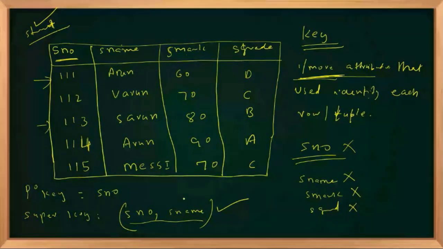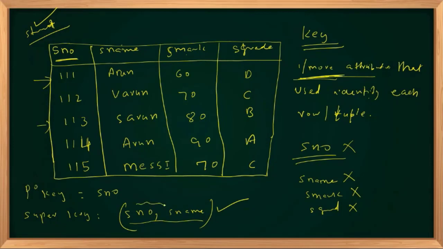Actually, the student's name was not required, but I am adding it. Such a key is known as a super key, because the combination of student's number and student name is also a key.